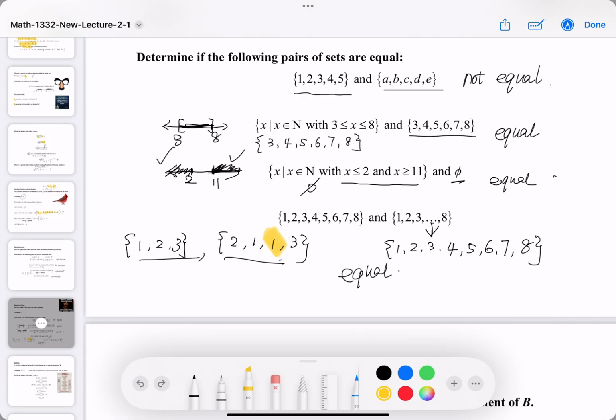That means I can ignore the extra 1 and just keep one 1. And some of you say one side is 1, 2, 3, another side is 2, 1, 3, they are not equal. But in set notation, the order doesn't matter. You can rearrange them. You don't have to keep the order 1, 2, 3. So these two, they are equal.